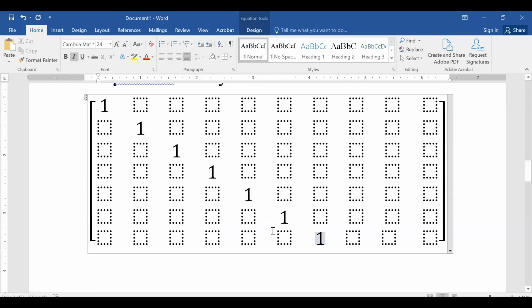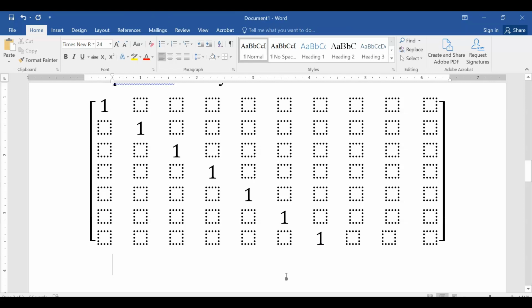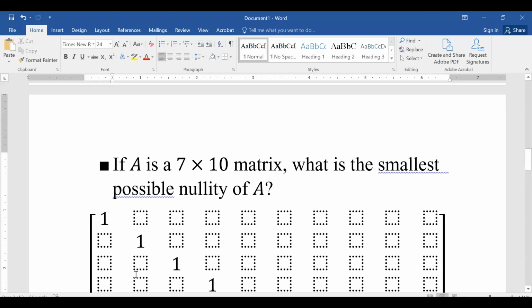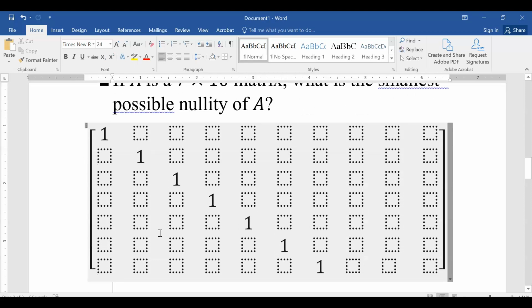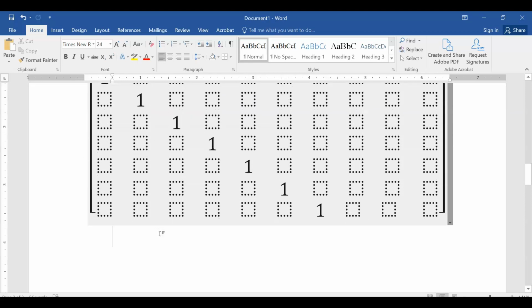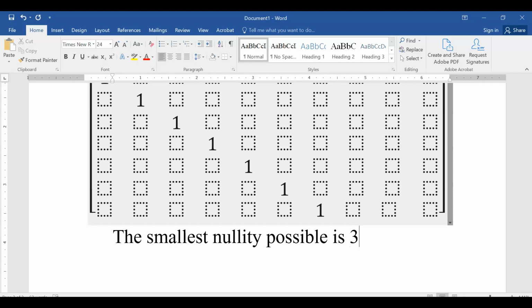And if I try to fit in a bunch of different pivot positions, you'll see that the most pivot positions I can put in is 7. And that's going to leave 3 columns for free variables. So the maximum number of pivot positions I can put in is 7. Therefore, the smallest nullity possible is 3.